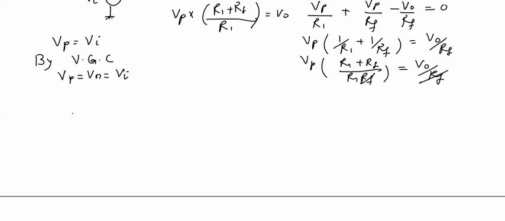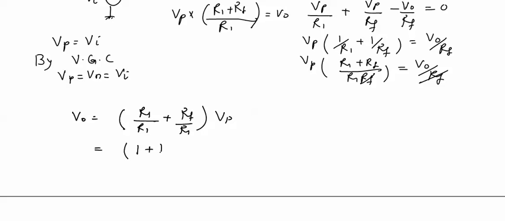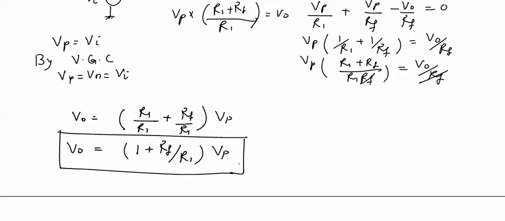Now this V0 can be written as R1 upon R1 plus Rf upon R1 into Vp. So we get 1 plus Rf upon R1 into Vp. This is the general expression for the output of a non-inverting amplifier.